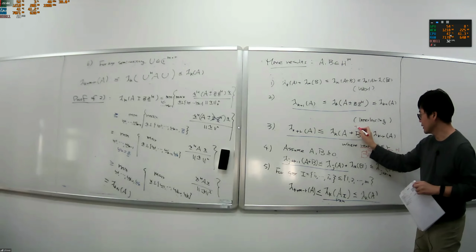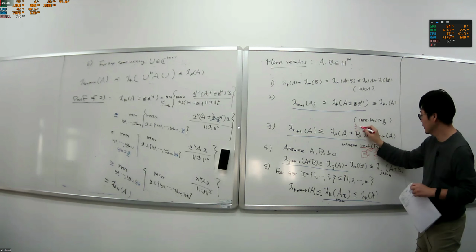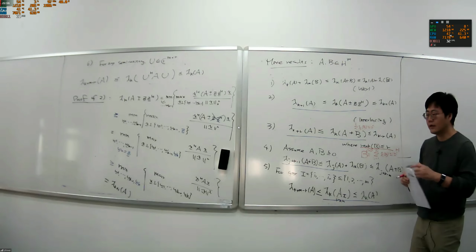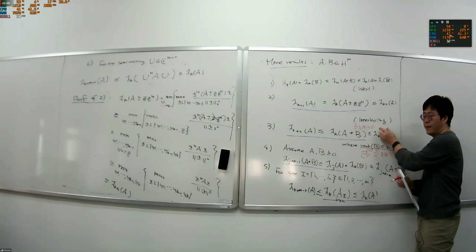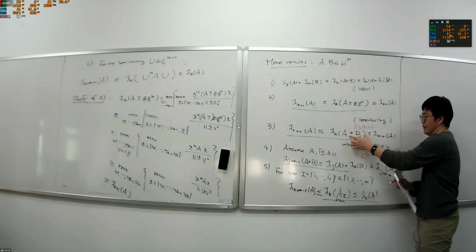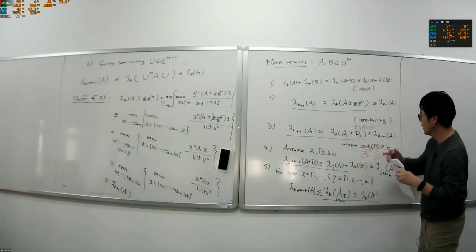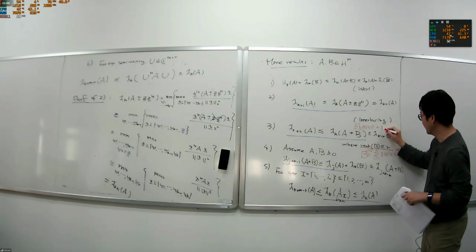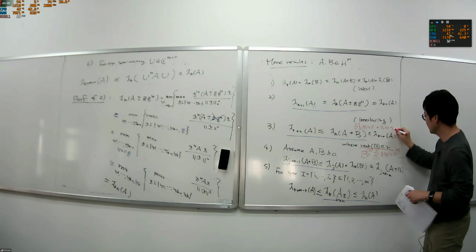Here we can write B as a summation of R rank 1 matrices. Then you take one outside and combine A with the other R minus 1 matrices, and one rank 1 term, lambda R U R Hermitian.